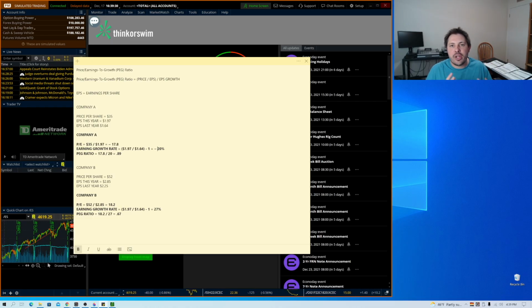The way the PEG ratio works is it's thought that a PEG ratio below 1 could indicate an undervalued stock, and a PEG ratio above 1 would indicate an overvalued stock, okay?